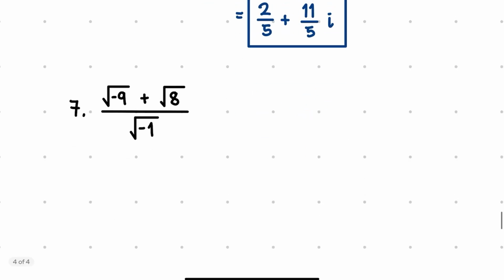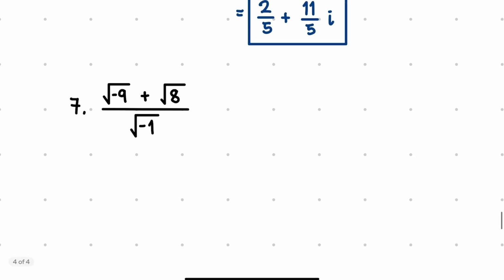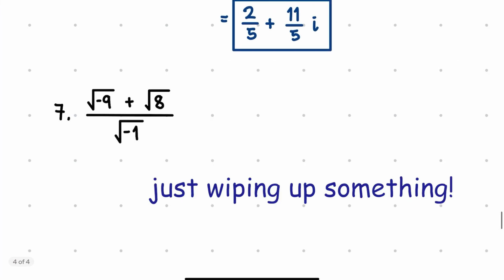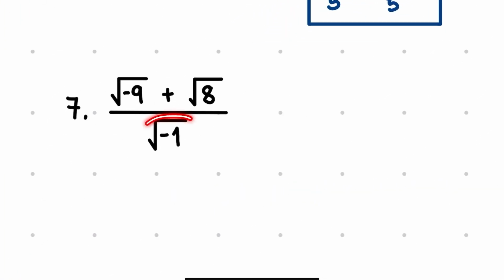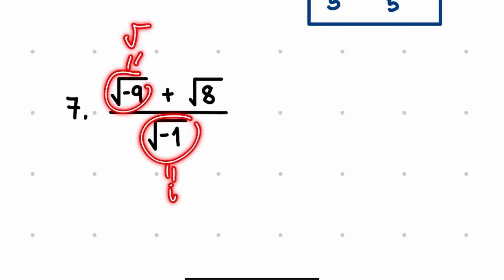Okay, finally, our last item for this one. So we have here square root of negative 9 plus square root of 8 all over square root of negative 1. Okay, so the key here is we can view this one as i, and then this one we can view as square root of 9 times square root of negative 1, which is 3i.